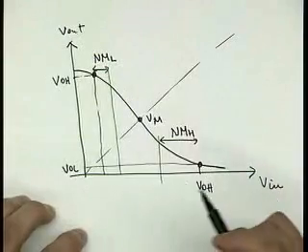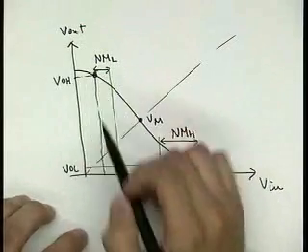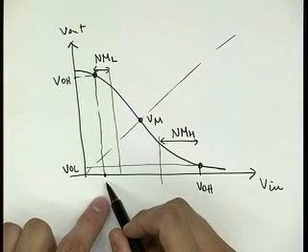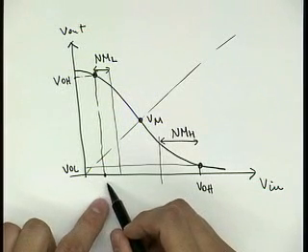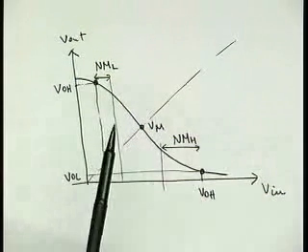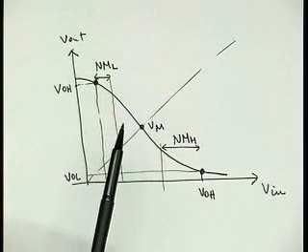So now, if you have the nominal value at the output, what value should stand here at the input? What do you need to apply to get VOH? VIL or VOL? VIL? VOL?